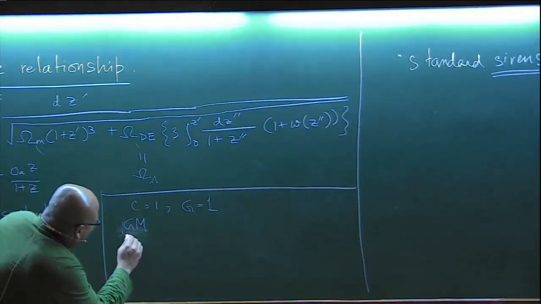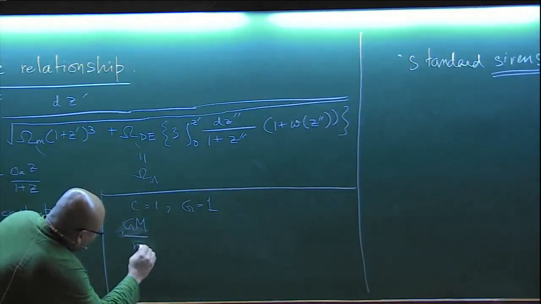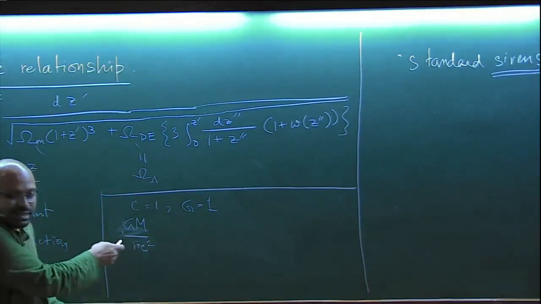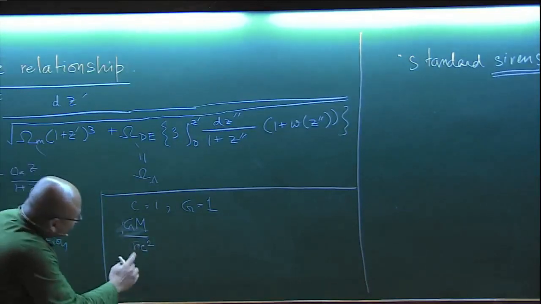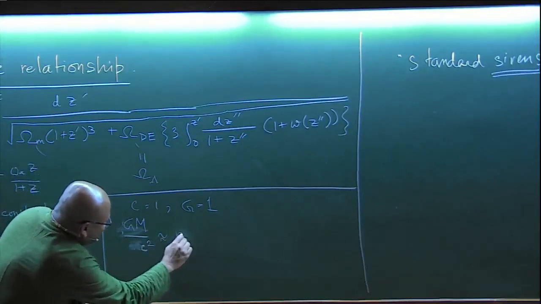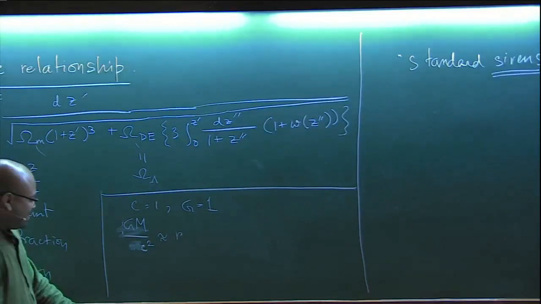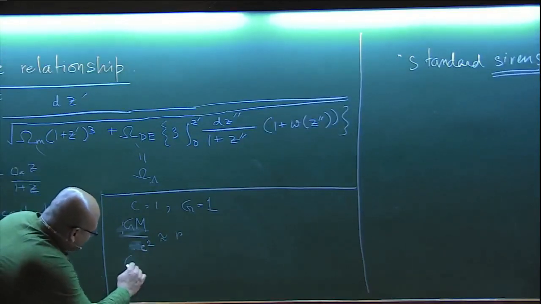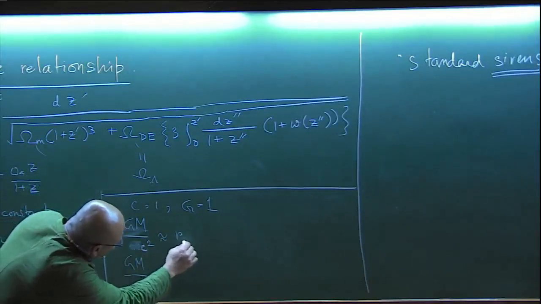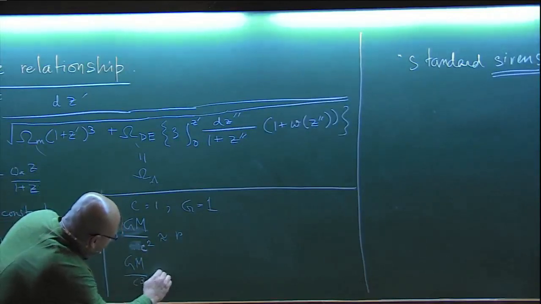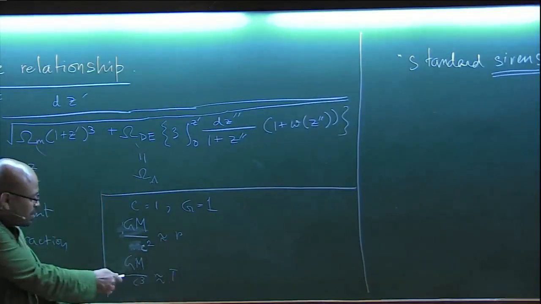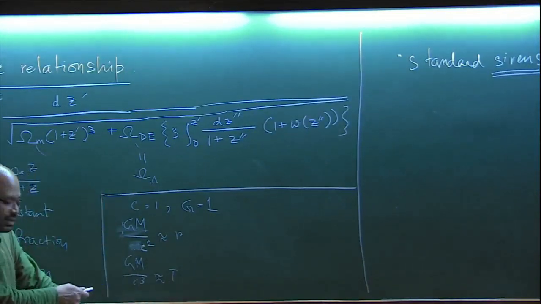Whenever we talk about mass, if we think of this quantity GM over r c squared, then this is a dimensionless quantity. So GM over c squared has the dimensions of length, and GM over c cubed has the dimensions of time. So GM over c cubed has time units.